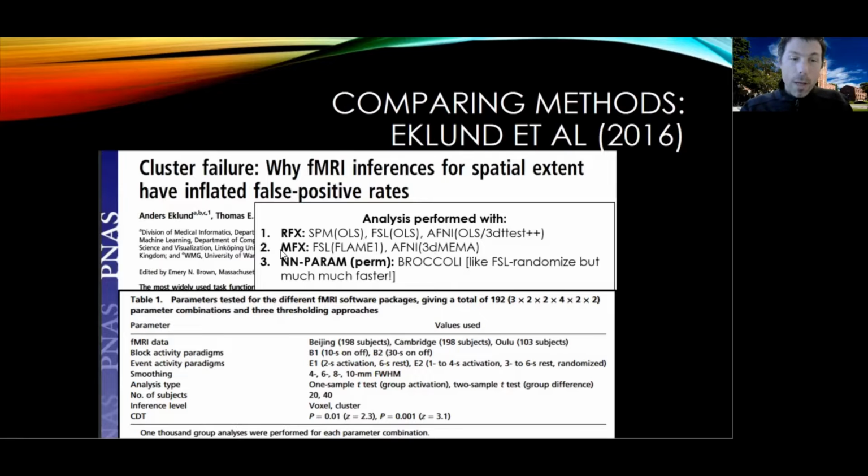Then a second group of analyses were done using a mixed effects approach, so combining both within and between subjects variance as the yardstick at the group level, and FSL does that with FLAME 1 or with FLAME 2. And then using AFNI 3dMEMA.